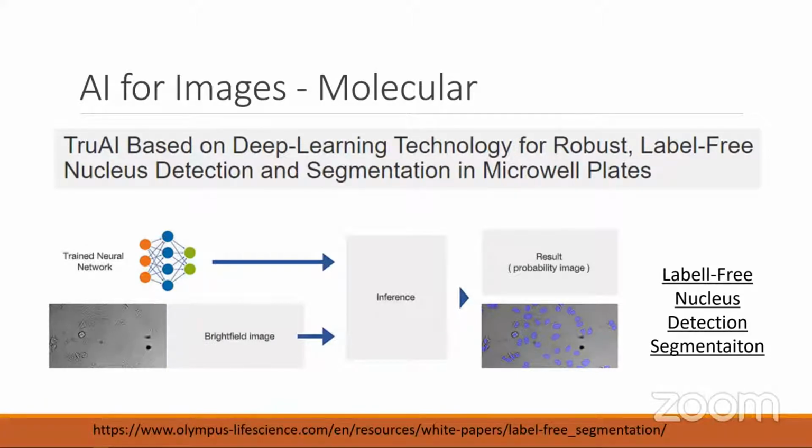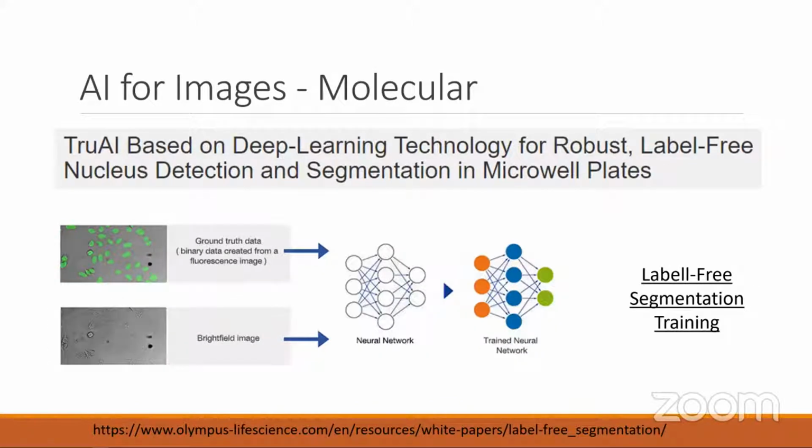The result is a probability image, which can be visualized in here and shows in different colors the nucleus of the cell. So some limitations of the label-free are the low contrast, the dust and imperfections from machinery to acquire images, and the high level of background noise if compared with only fluorescence images, as we've seen in this previous one here.